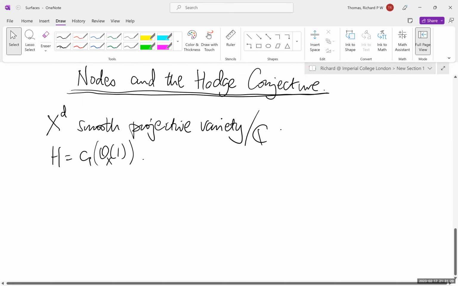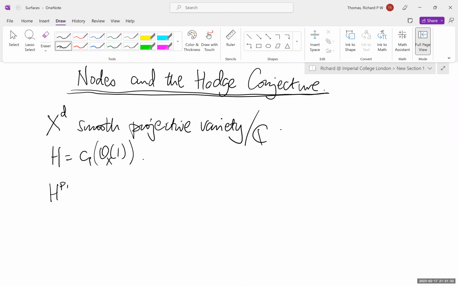And throughout, I will use the notation H^{p,p}(X,Q) for what are called the Hodge cohomology classes.